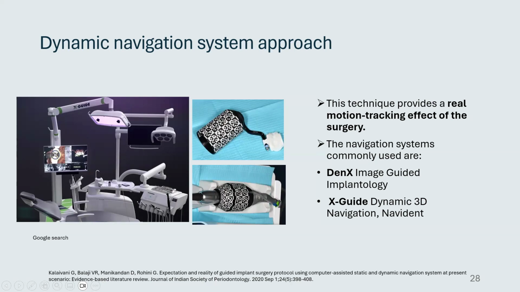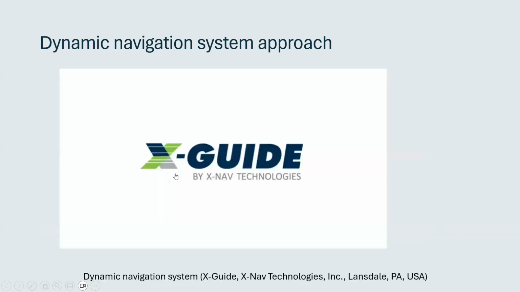Because on the software, on the computer, we have made the virtual implant planning, and we have the final position of the implant. So when the clinician is moving the handpiece, they can tell where they are from the intended implant position. This system is the X-Guide Dynamic 3D Navigation System from Nobel Biocare.